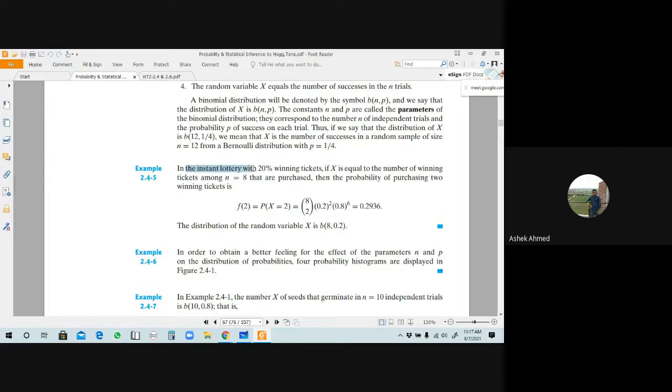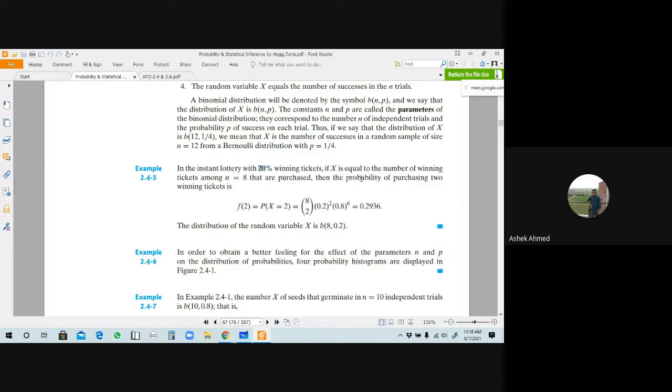In the instant lottery with 20% winning tickets, the probability of a ticket winning is 20%, that means 0.2. If x is equal to the number of winning tickets among n equals 8 tickets that are purchased, x represents the number of winning tickets, and every ticket's winning probability is 0.2.